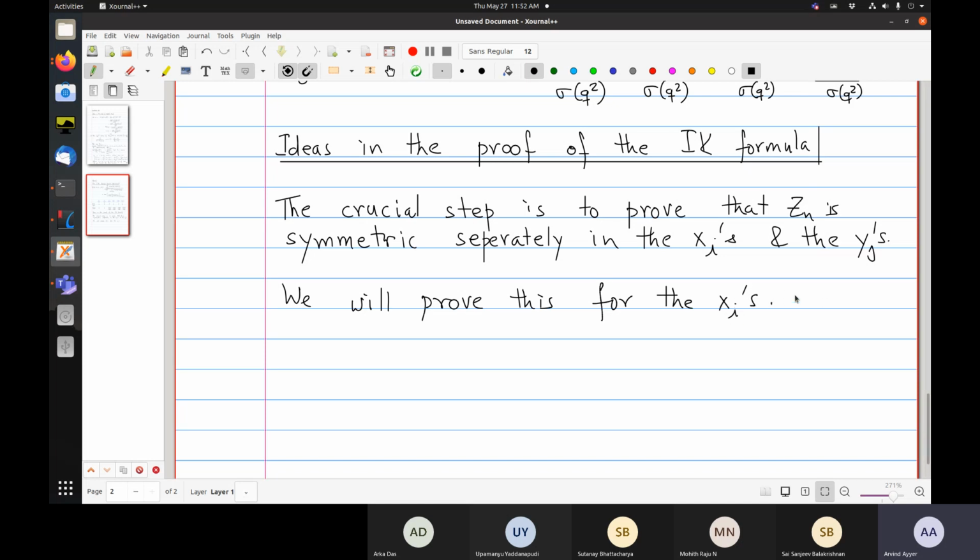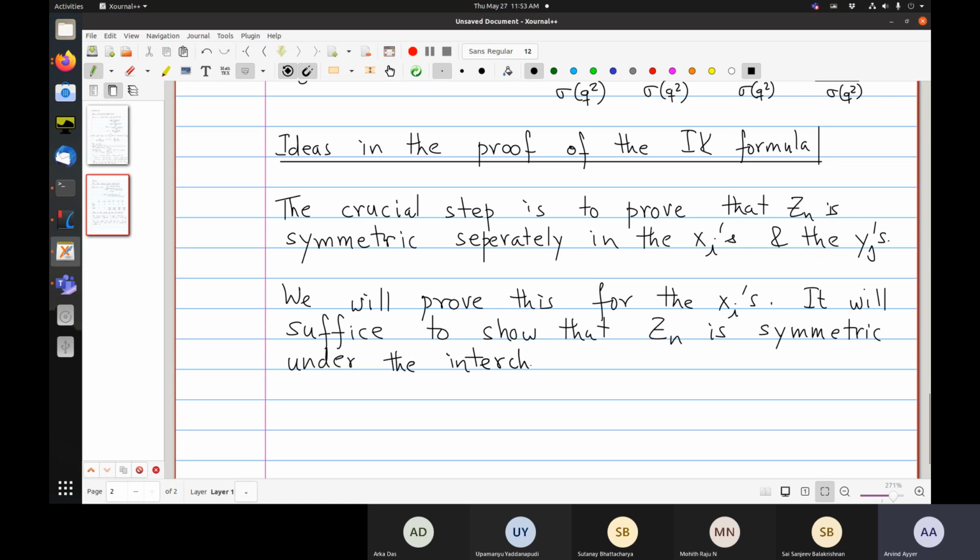And the way we do it is to show that Zn is symmetric under the interchange of xi and xi plus one.